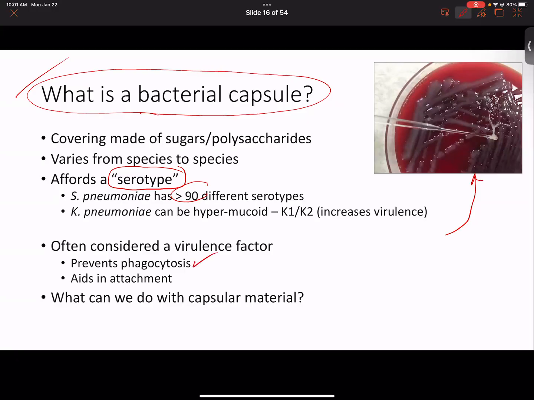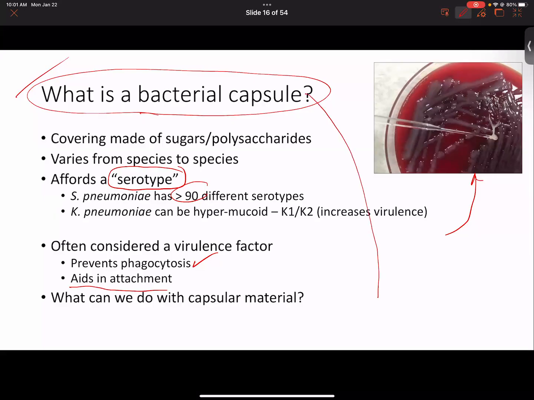Again, too, the polysaccharide capsule, it's a virulence factor. It makes bacteria much more difficult for the immune system to eradicate. It prevents phagocytosis. It protects the bacteria. So it can be difficult to eradicate such organisms in the absence of a little help, maybe some help from antibiotics. It also aids in attachment as well.